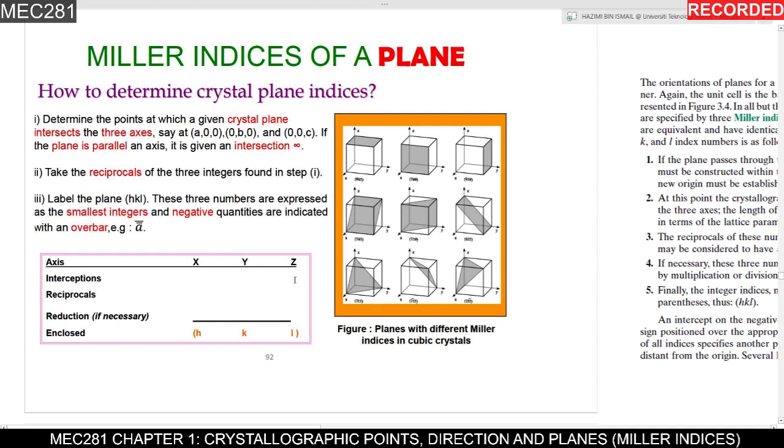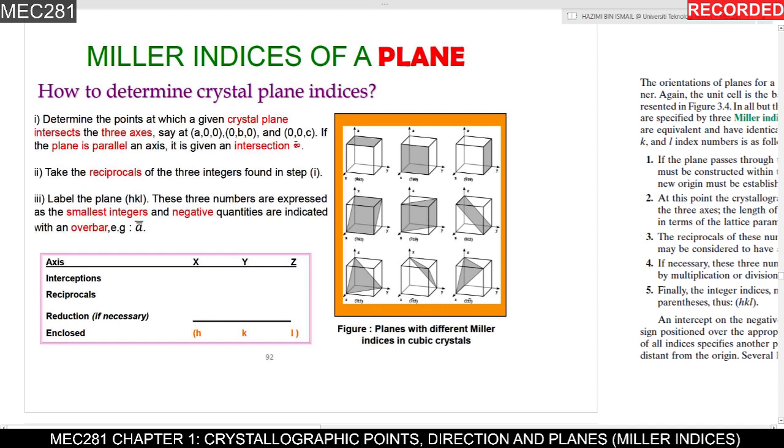You have to know where the plane itself intersects the three axes, at a certain number on the axes, represented by the symbol a, 0, 0, or 0, b, 0, and 0, 0, c at the z-axis.